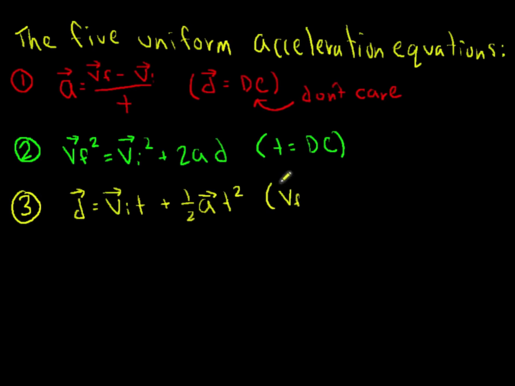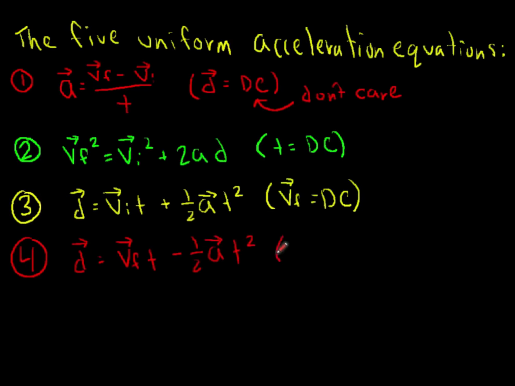And in this case, Vf is the one we don't care about. The fourth equation is d equals Vf t minus 1/2 a t squared, where Vi is the one we don't care about.